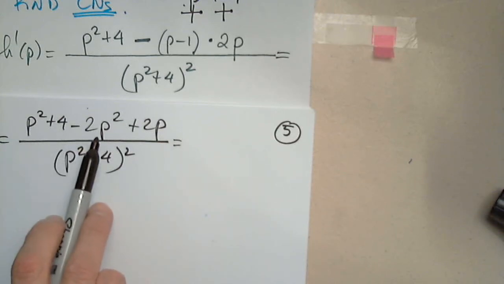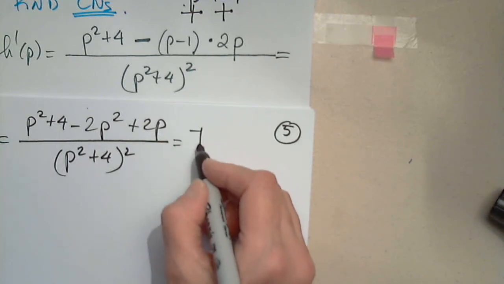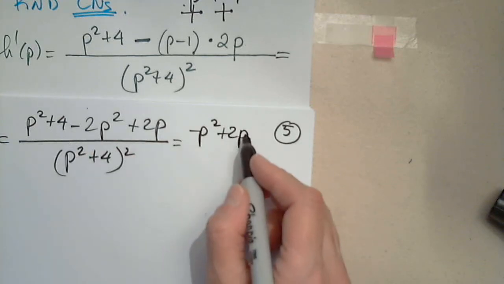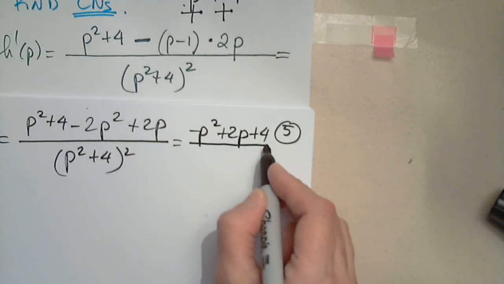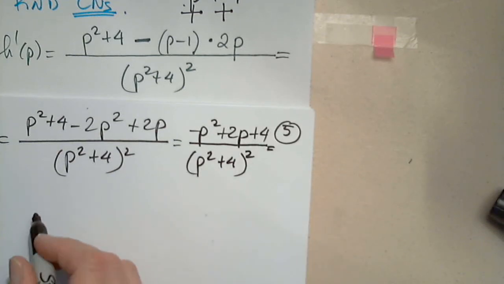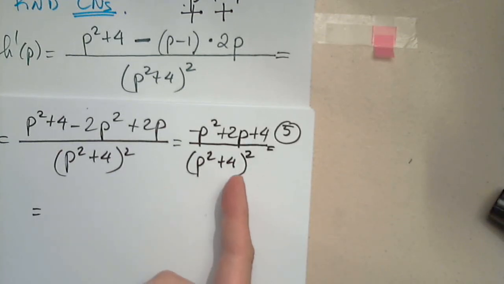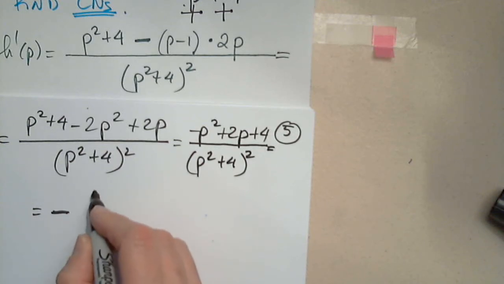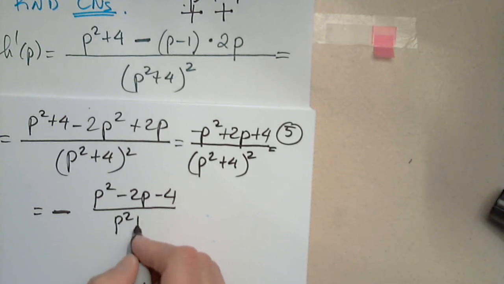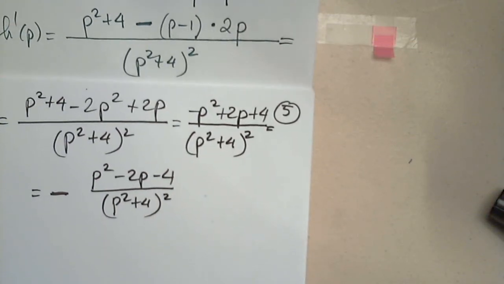So combine like terms, I have negative p squared plus 2p plus 4, everything divided by p squared plus 4 squared. And now you see why we need to do this and simplify it fully. Any questions?